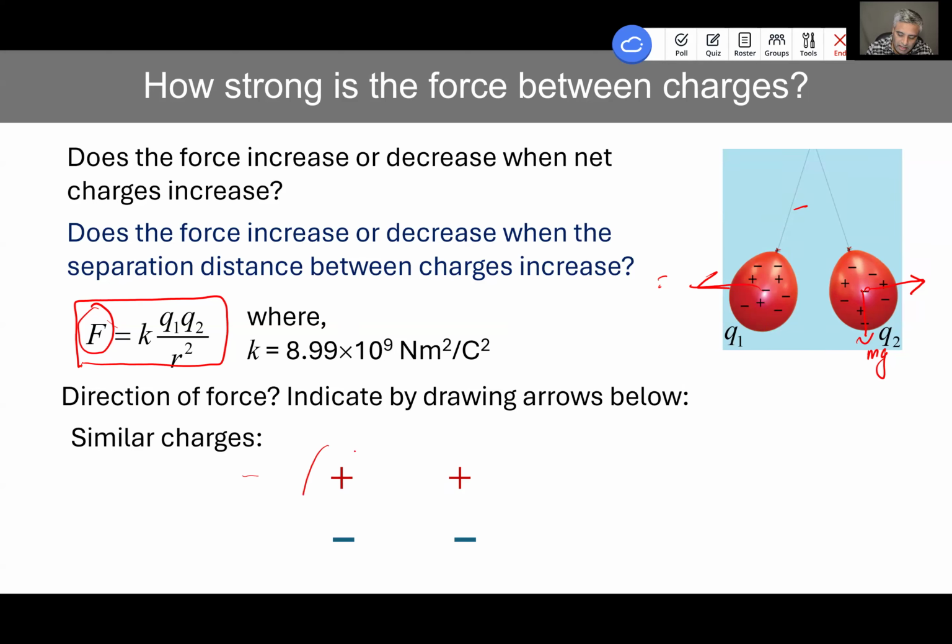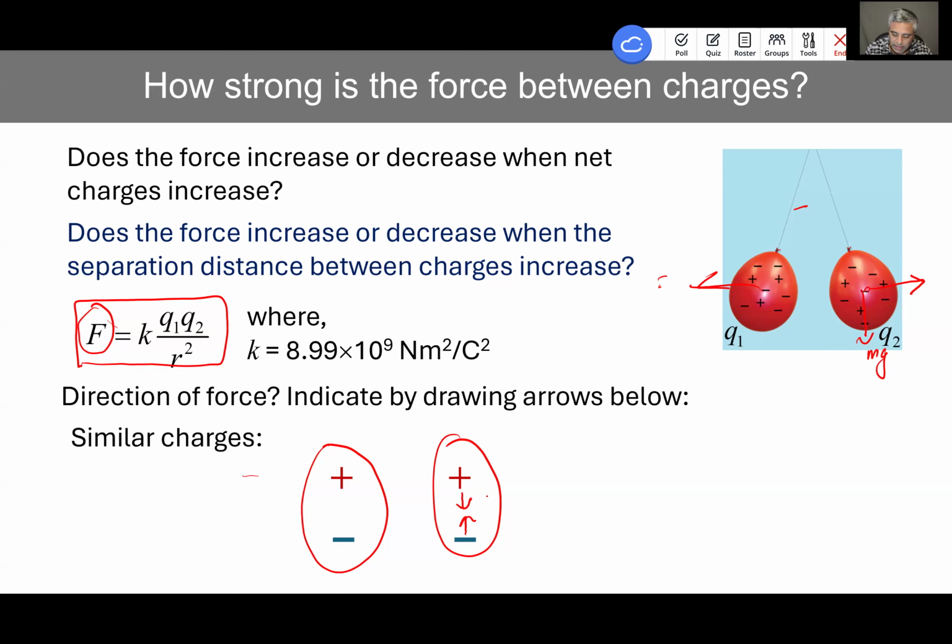Now, if we look at the opposite charges, we should be able to draw the force. So this positive charge is being pulled by the negative charge like that. And the negative charge is at the same time getting pulled by the positive charge.